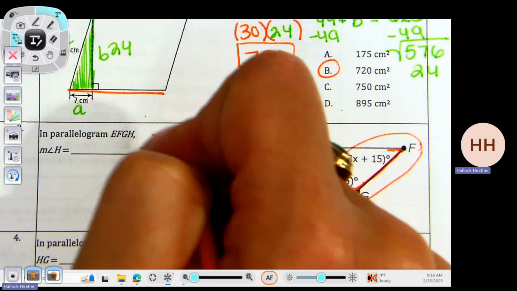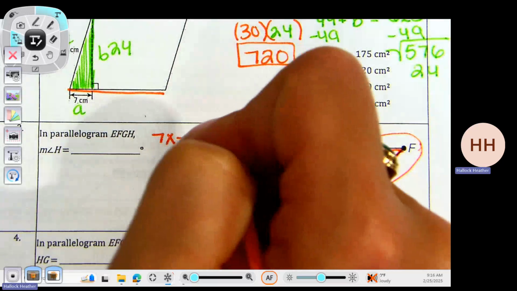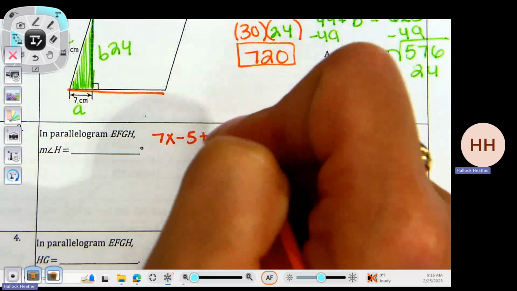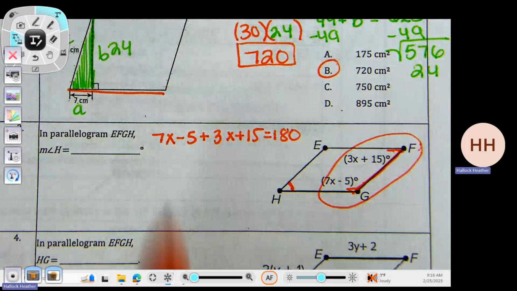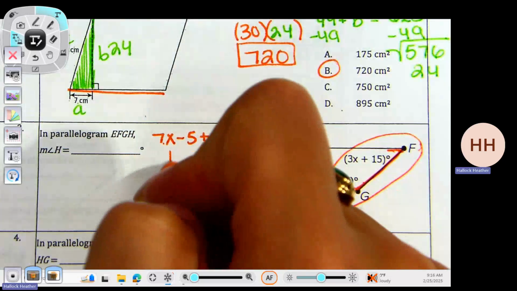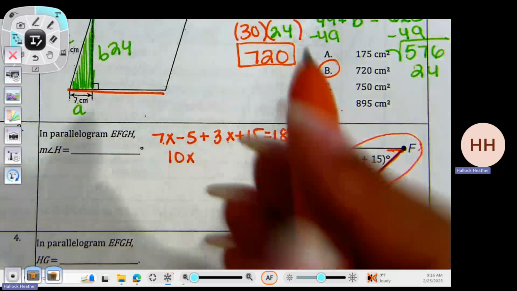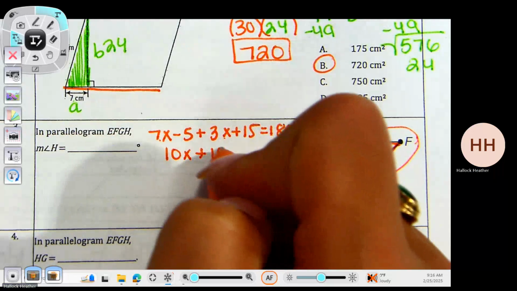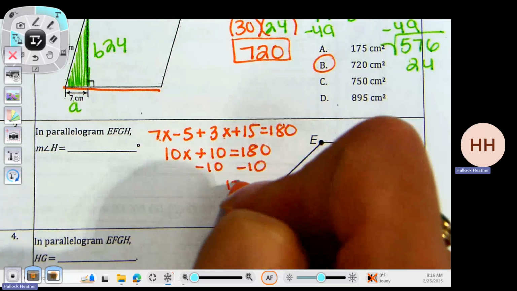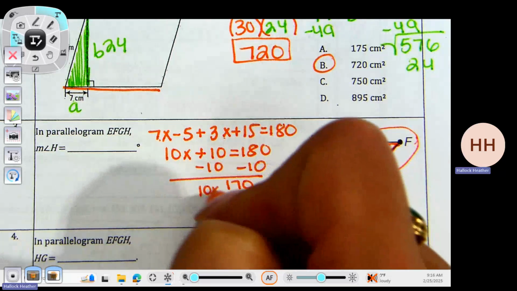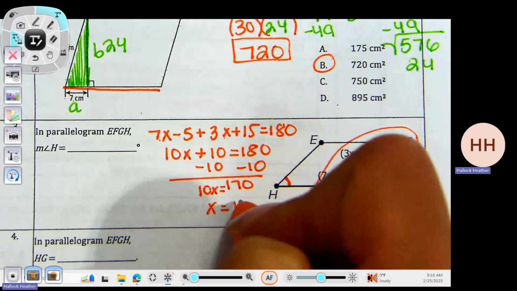So I'm doing 7x minus 5 plus 3x plus 15 equals 180. If I combine like terms, 7x and 3x make 10x. -5 and 15 make 10. If I minus 10 from both sides, I get 170. Divide by 10, x equals 17.